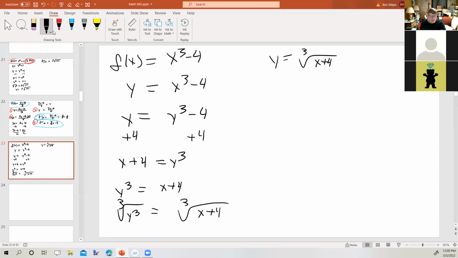Don't forget, when you take a square or a fourth or basically an even root, you get the plus or minus, but with an odd root, you don't get that. You just get the one result. So there's step 3, solving for y, and then step 4, using f inverse of x notation. Any questions about that?